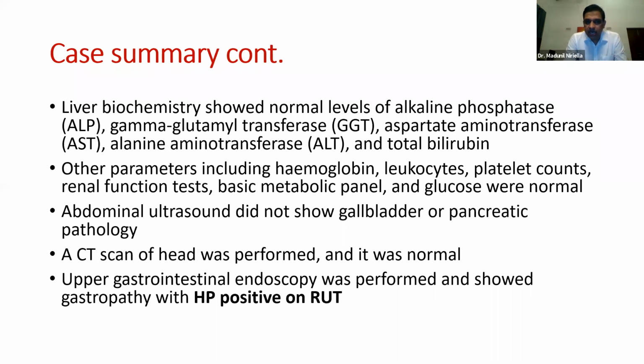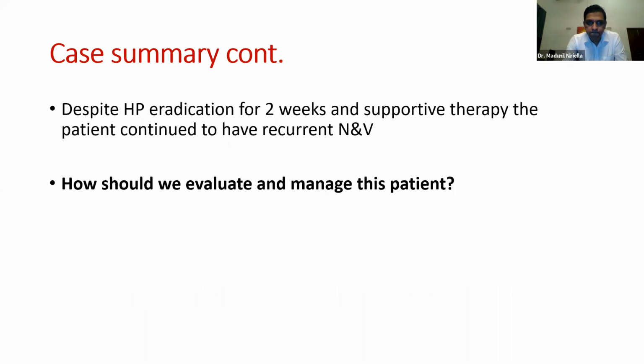An upper gastrointestinal endoscopy was performed, and it showed gastropathy with positivity for H. pylori on rapid urease testing. Despite H. pylori eradication for 2 weeks and supportive therapy, the patient continued to have recurrent nausea and vomiting and presented with typical episodes. So how should we evaluate and manage this patient?